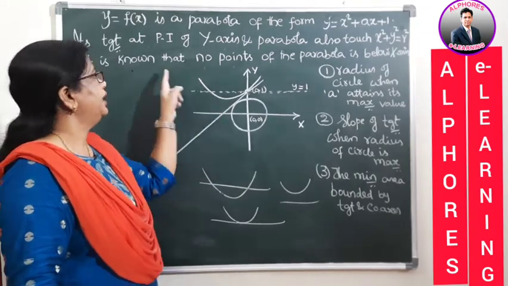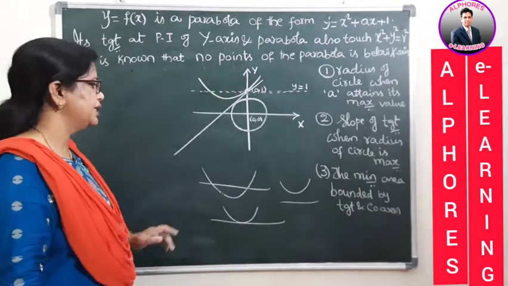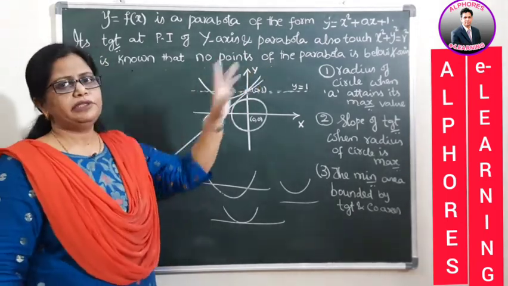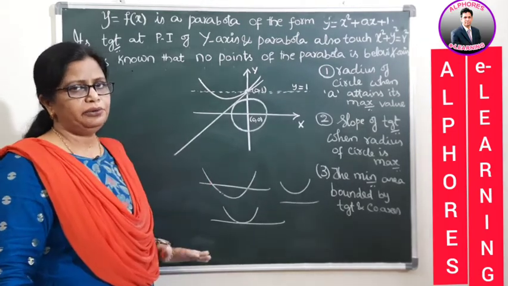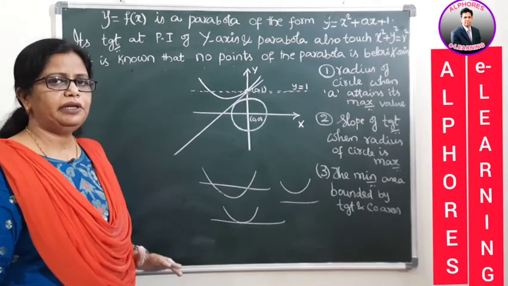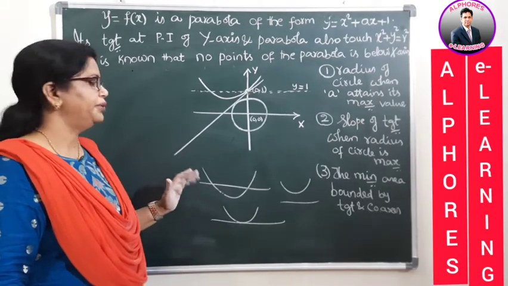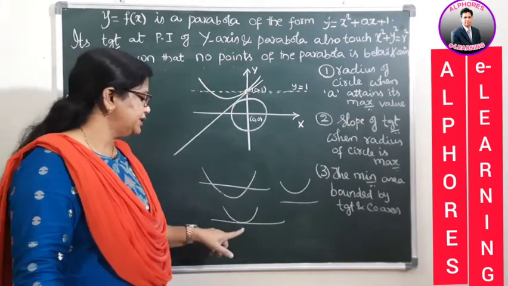Now first of all, no points below the x-axis implies that the quadratic function has no real root, so the discriminant is less than 0. But here they clearly said below, which implies it can touch.